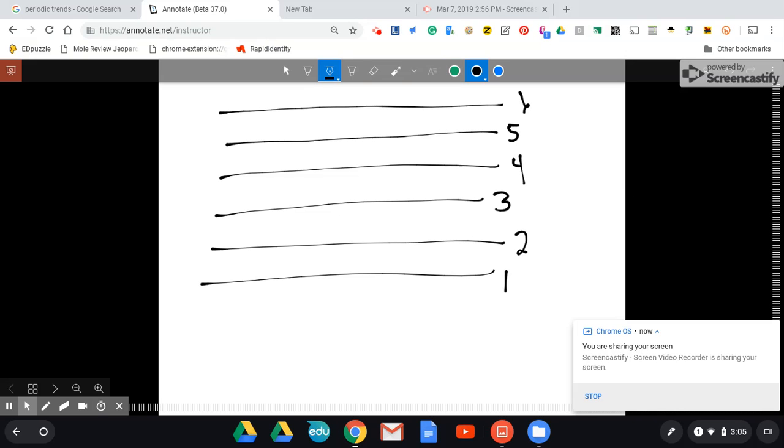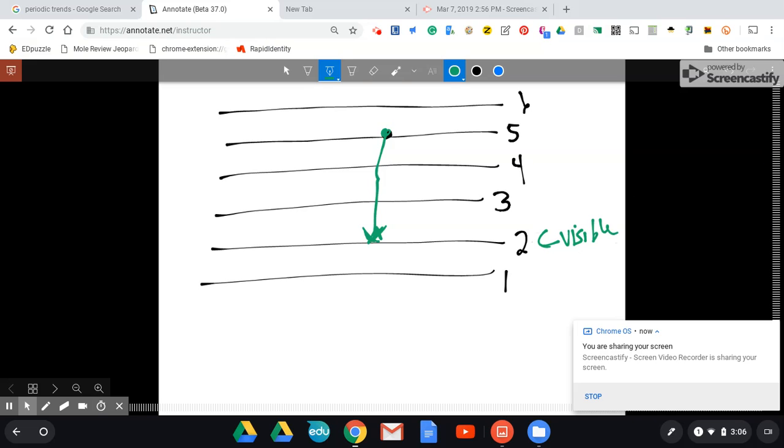Let's say that I'm an electron and I am here at 5, and let's say that I drop to level 2. What that's going to give me is visible light, because anytime I stop at 2, I get visible.